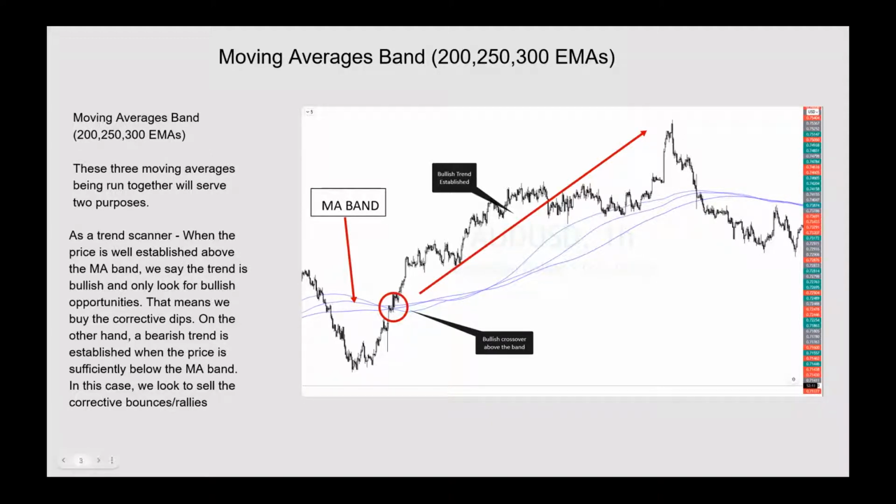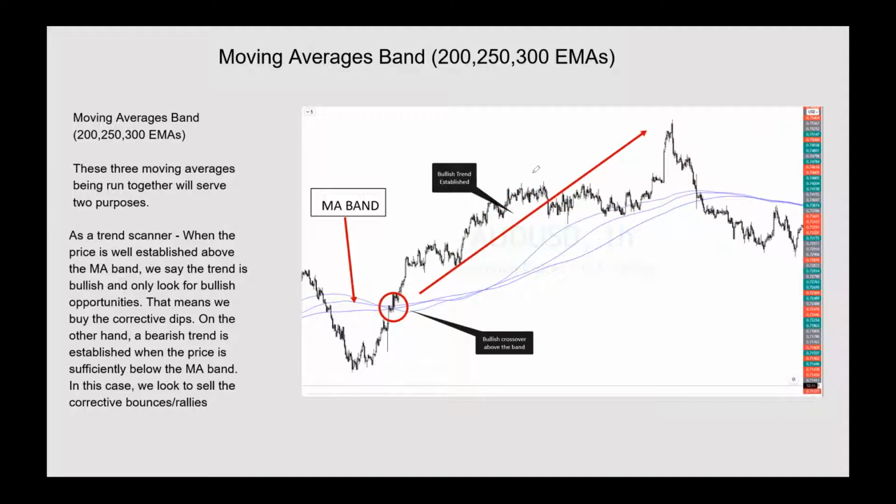So in this case, what we have is an impulse, a correction, and then an impulse. So we will have been able to trade this impulse here. When price gets here, it's a sign that the correction has ended, and then we can start anticipating a bullish move upwards, because this is a bullish trend.